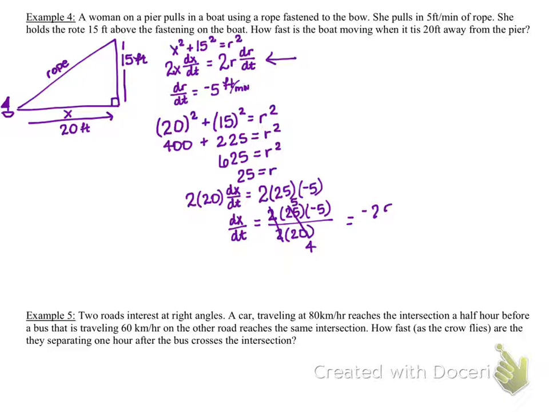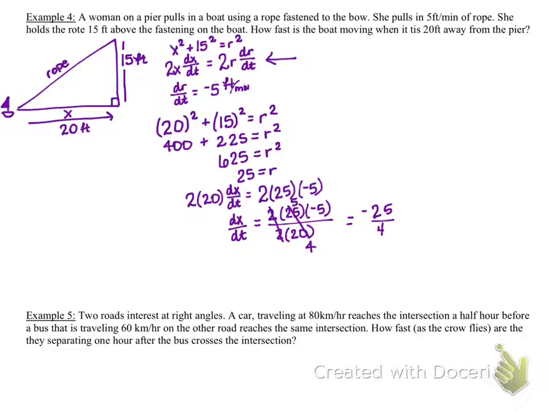Negative 25 over 4 would be dx dt. And now we need to answer our actual question: how fast is the boat moving when it is 20 feet away from the pier?